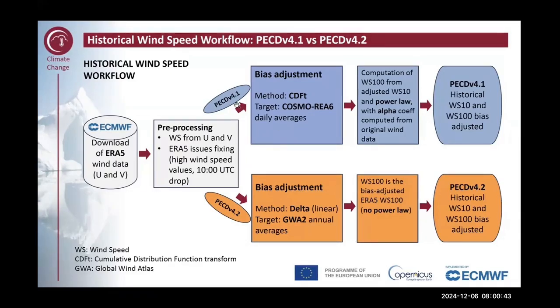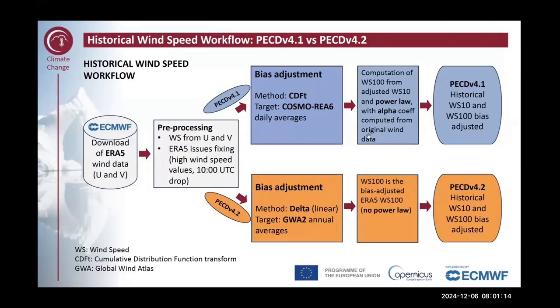In 4.1, at the top, the method used is the cumulative distribution function for the bias adjustment, and the reference dataset was a regional reanalysis called COSMO-REA6. We were using daily averages, and then computing the wind at 100 meters through a power law and an alpha coefficient computed from the original wind data.